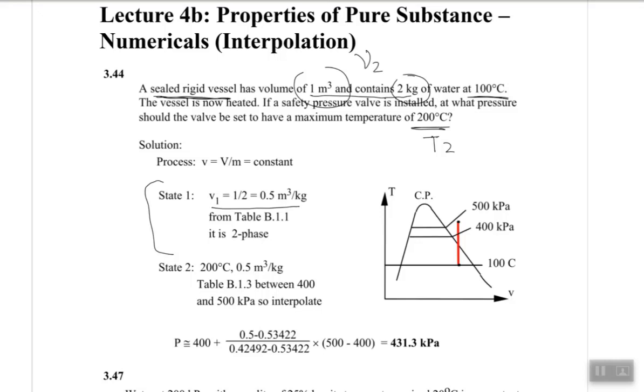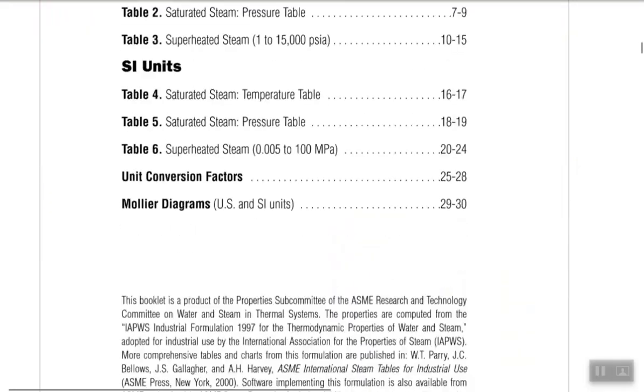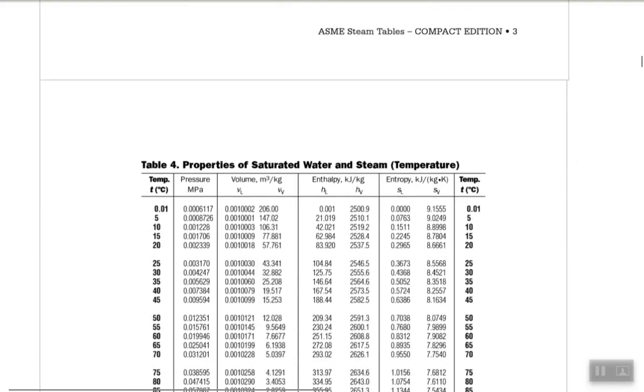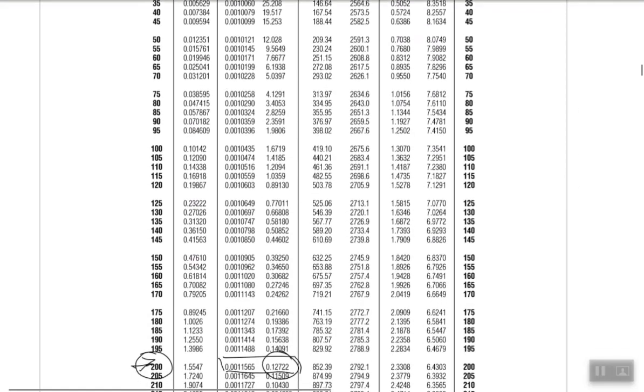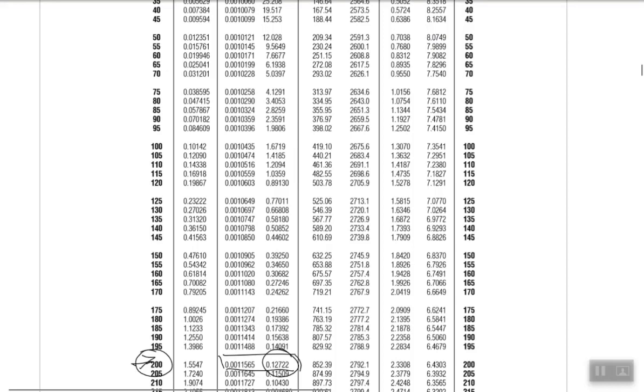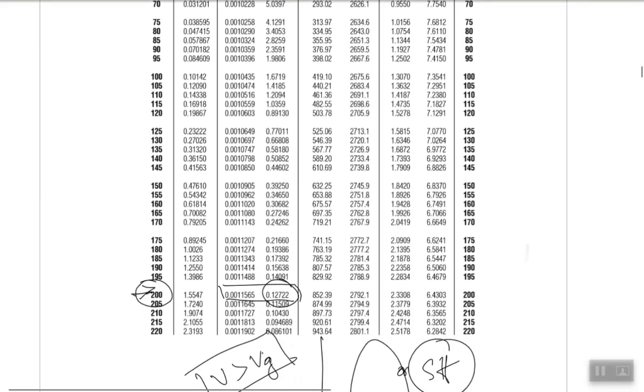So at state 2, we go to the 200 degrees centigrade temperature and find out the volume. First, we go to the saturated temperature table at a temperature of 200 degrees centigrade.